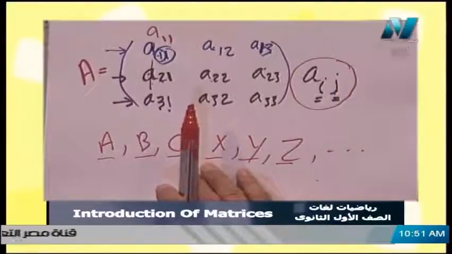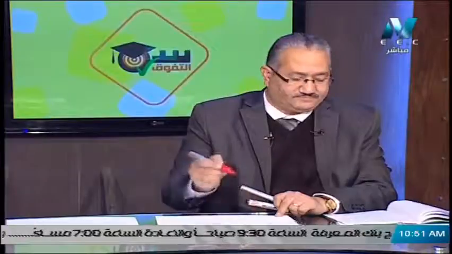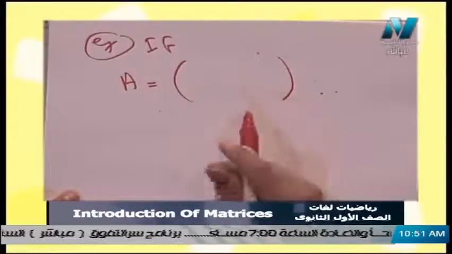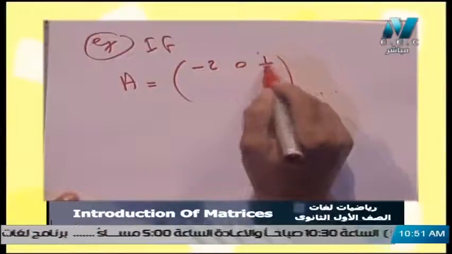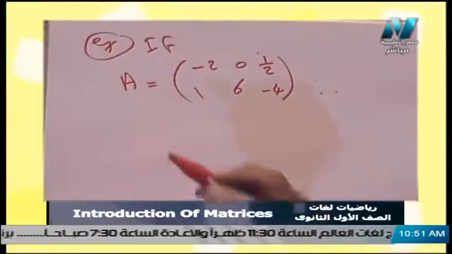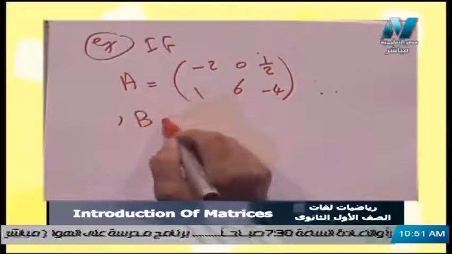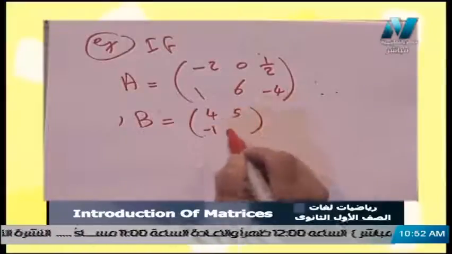Okay, let's now move to an example here. If we have, okay, let's write the example. If A is a matrix written as -2, 0, 1/2, 1, 6, -4, and we have B as another matrix, 4, 5, -1, 8.